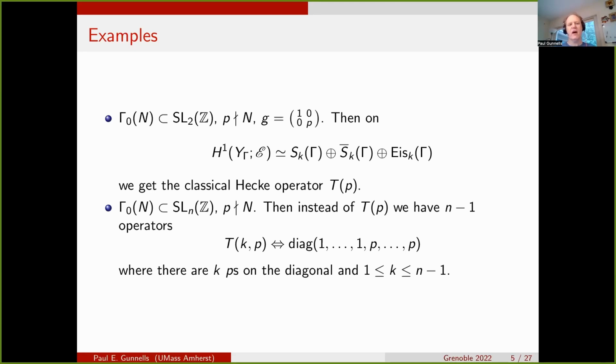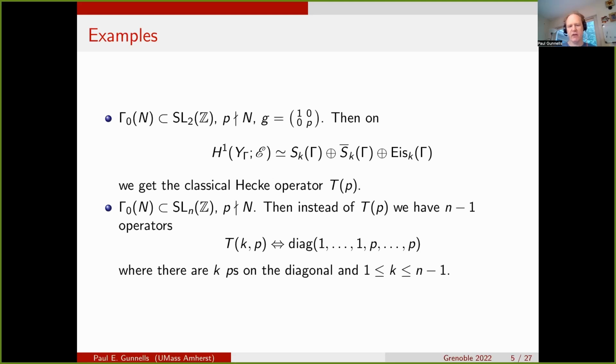Okay. So what happens when you go to SL_N? Well, we actually have more operators now. For different p, instead of the single diagonal matrix above, we have a collection of these diagonal matrices where k varies.